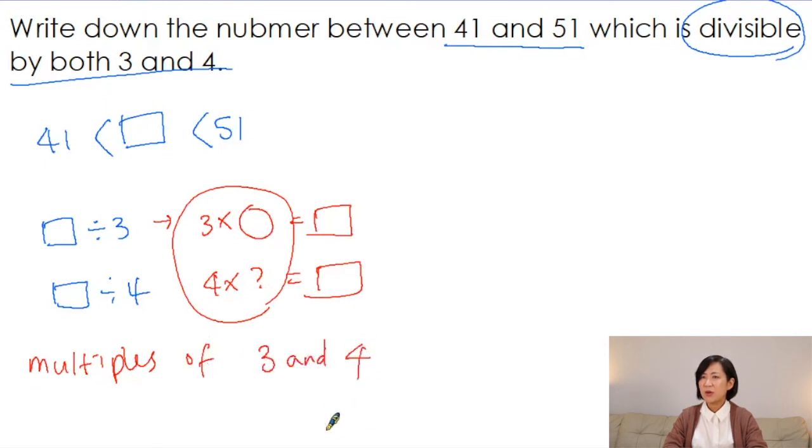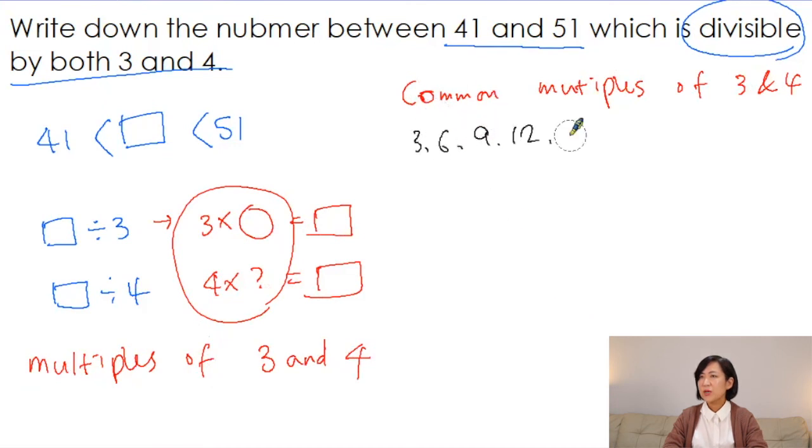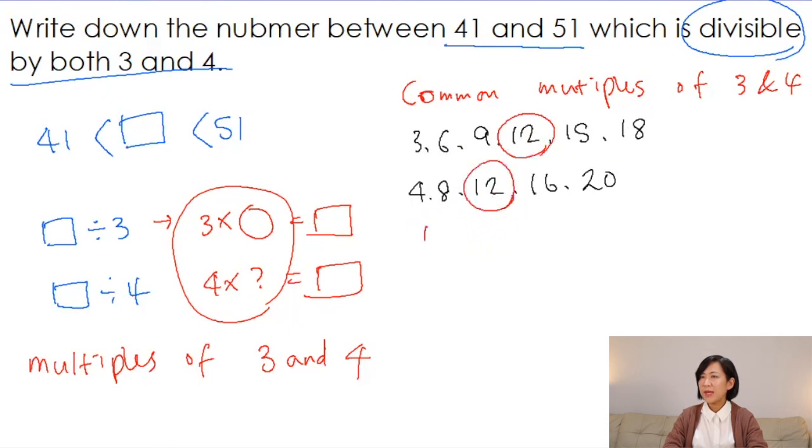Now let's find the common multiples of 3 and 4. Multiples of 3: 3, 6, 9, 12, 15, 18. Then multiples of 4 are 4, 8, 12, 16, 20. Then we can see our lowest common multiple, that is 12. Then multiples of 12 will be common multiples of 3 and 4, right?